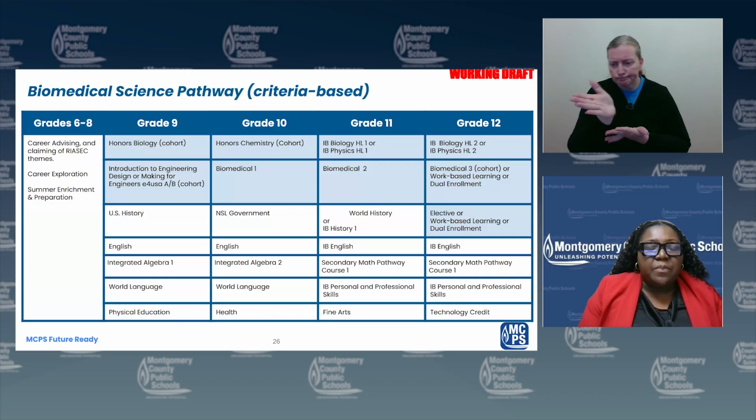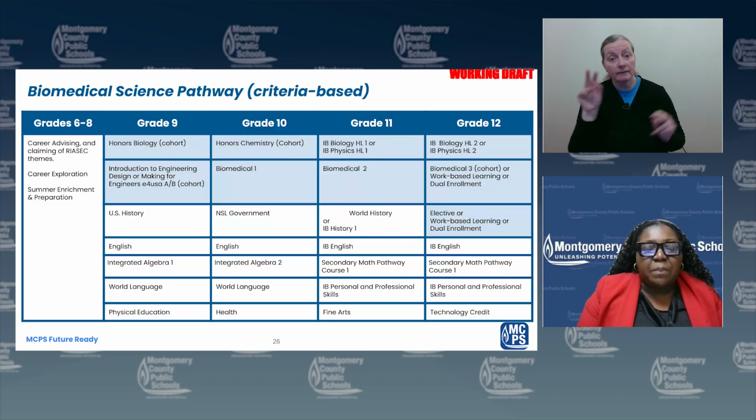With that said, if we look at the very first row for this specific pathway, we'll realize that the students are cohorted for their science courses in grades 9 and 10. Now, for grades 11 and 12, because there is an IB program at this specific school, the students' higher level science courses will be IB courses.